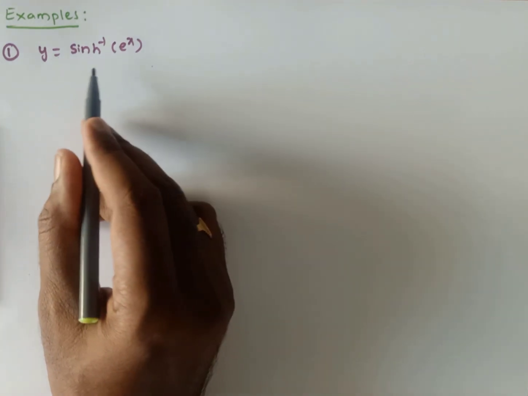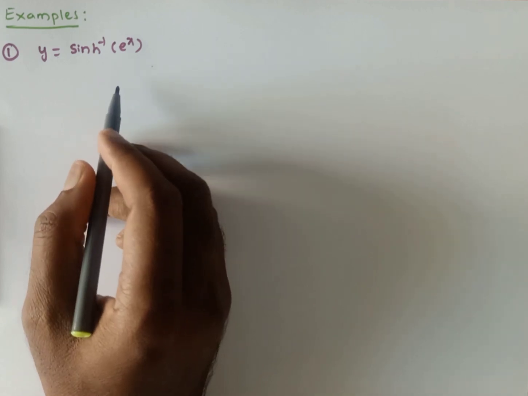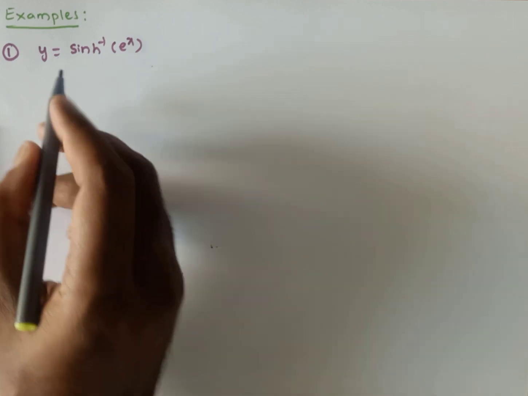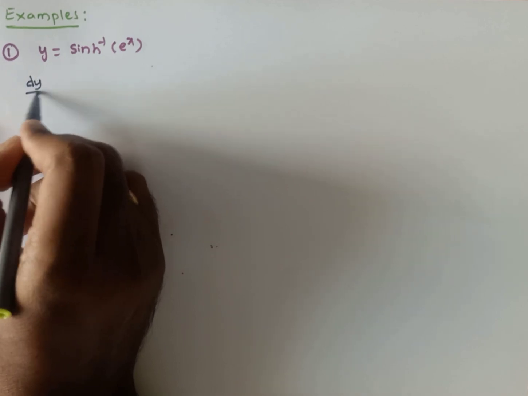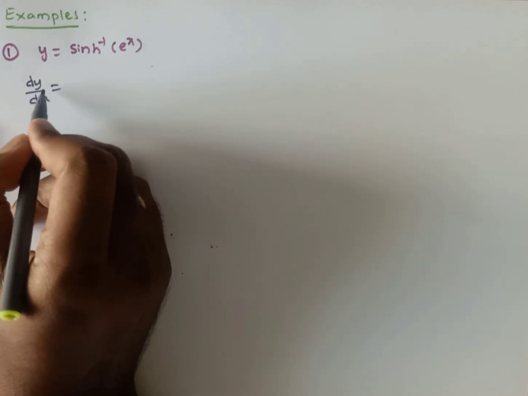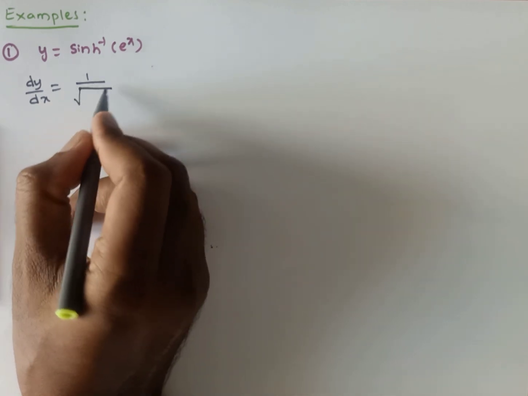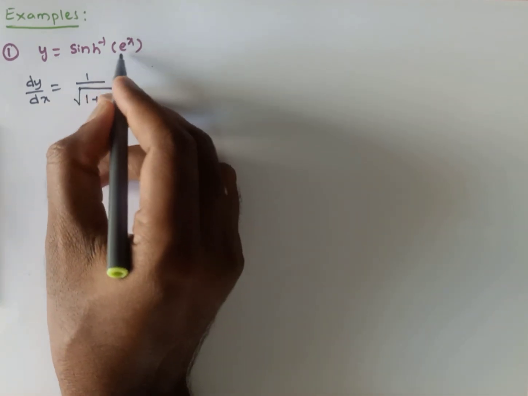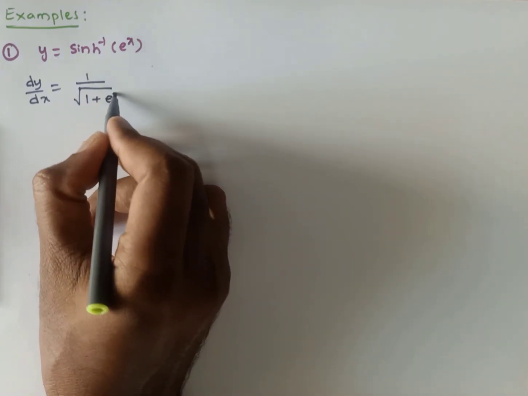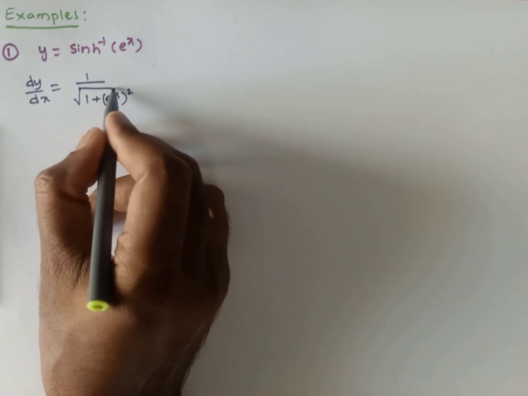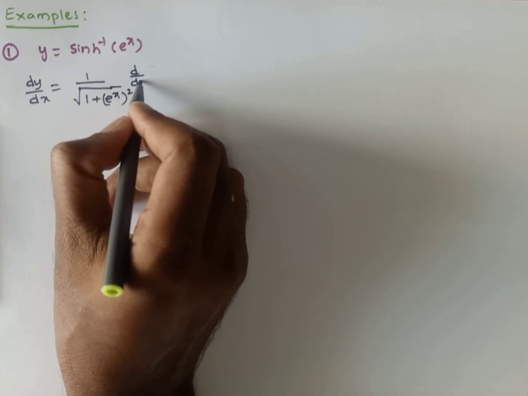You know the derivative of sinh inverse of x is 1 by square root of 1 plus x square, so similarly apply the derivative for this. dy by dx equals 1 divided by root of 1 plus e power x whole square, into the derivative of e power x.